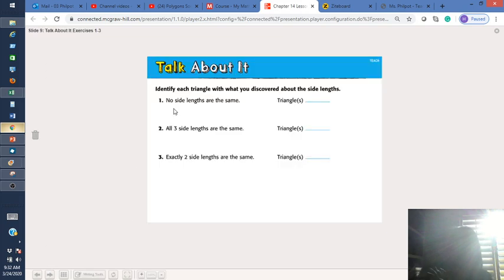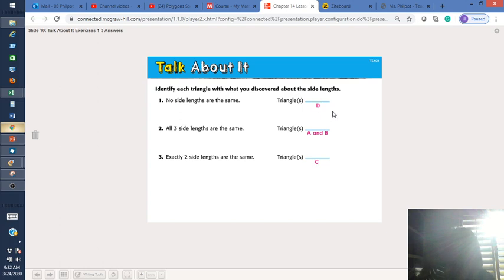Let's go on to this next one. Identify each triangle with what you discovered about the side lengths. So, which one of those triangles from the top had no side lengths that were the same? Which one had all three side lengths the same? And which one exactly two side lengths that are the same? So if you go up previously to what we looked at after measuring them, you can see that D didn't have any side lengths that were the same, right?